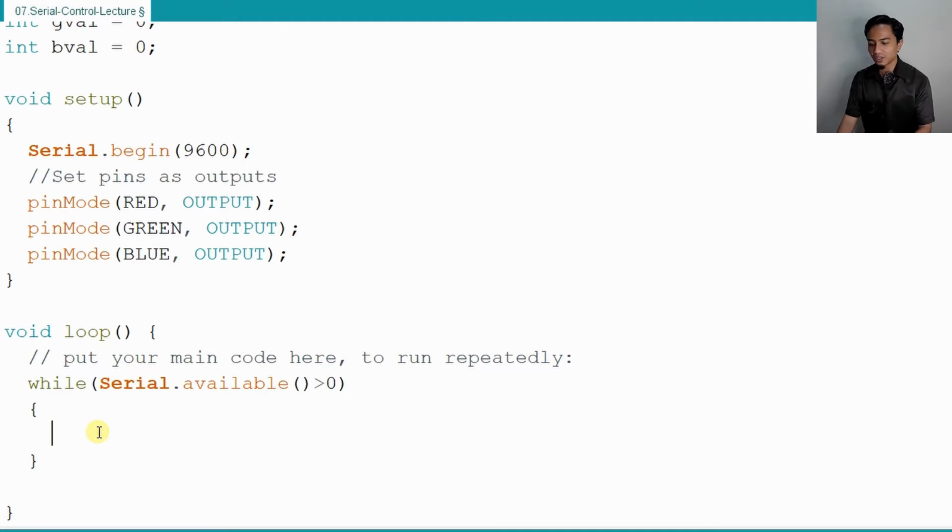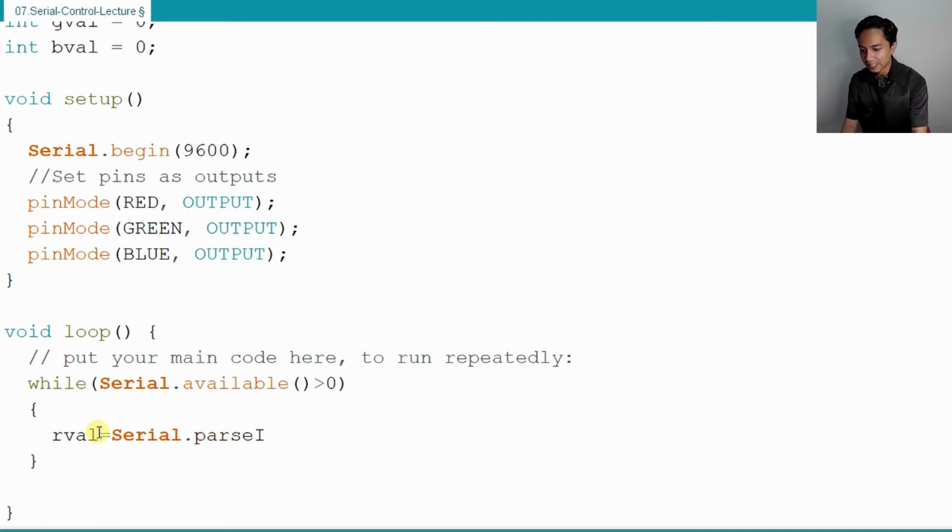This integer value will be converted into the R value, the G value and the B value. The R value will be based on whatever we put in the serial monitor. We need to parse the integer. That is the coding.